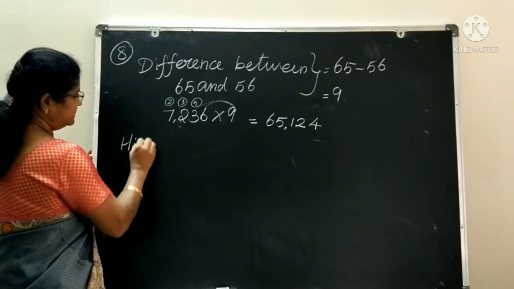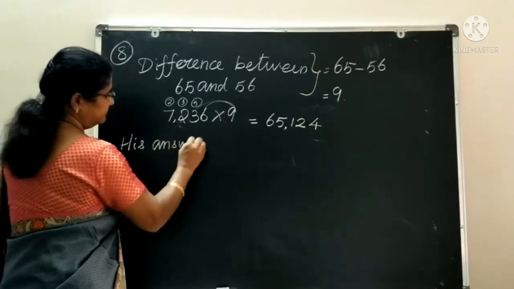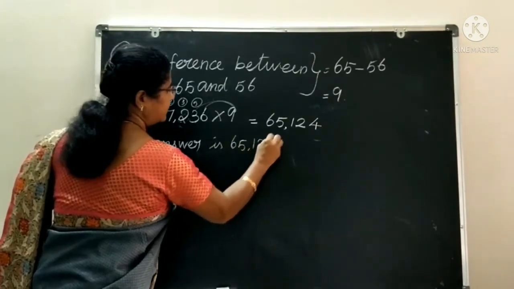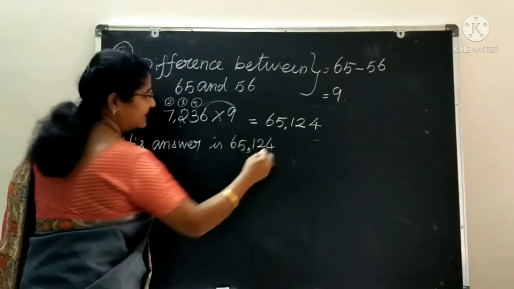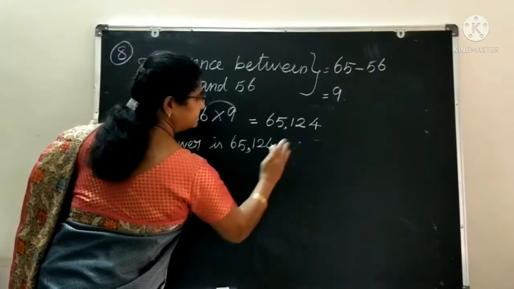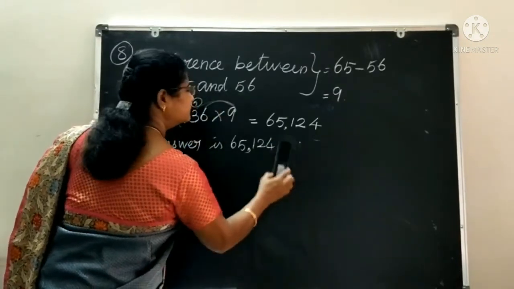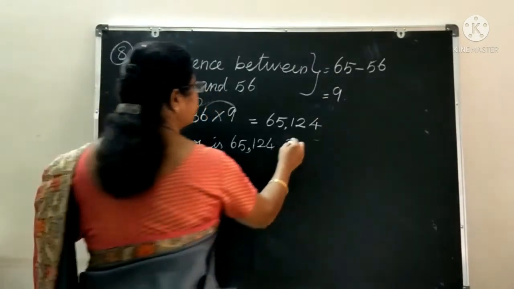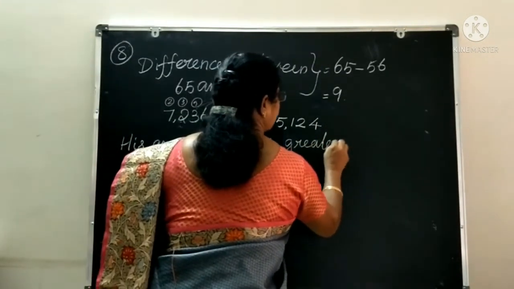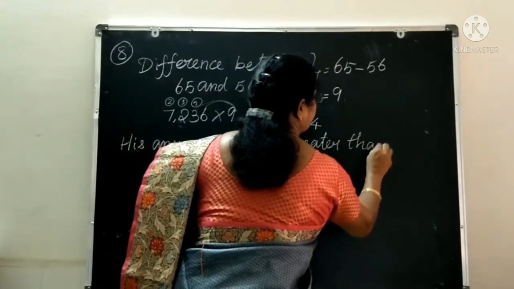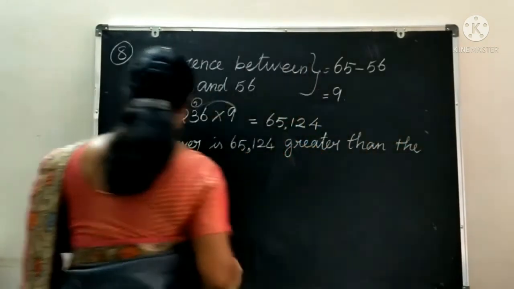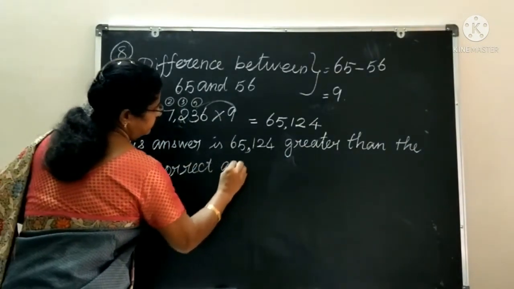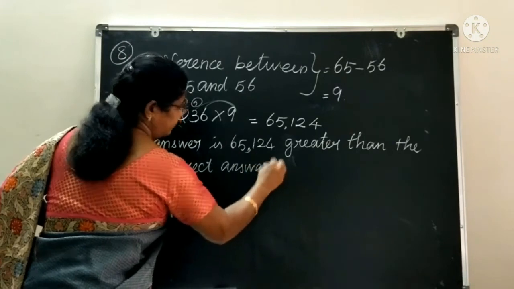So we write: his answer is 65,124 greater than the correct answer.